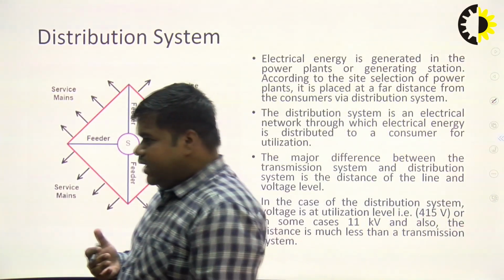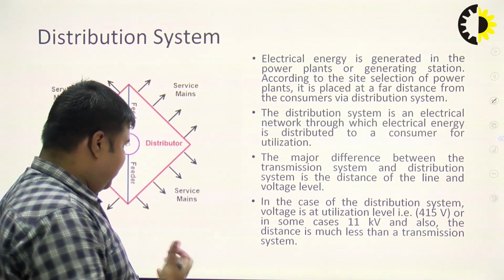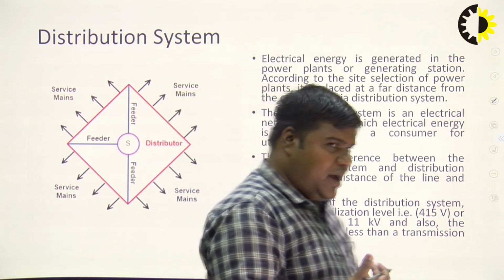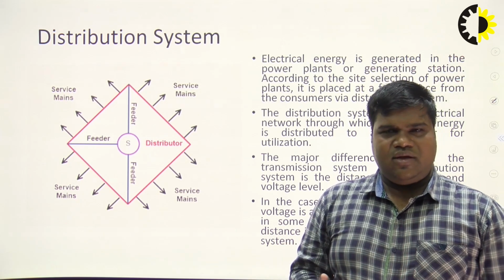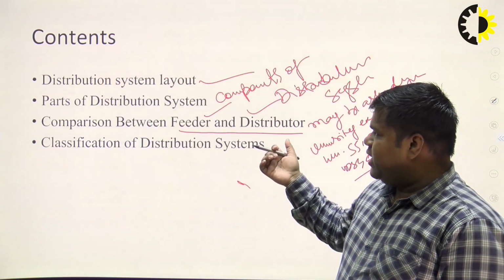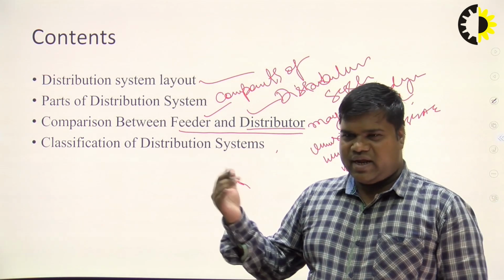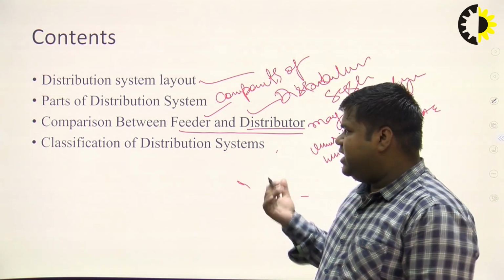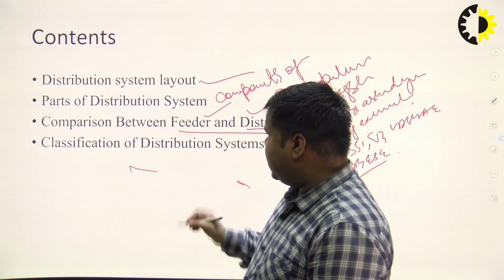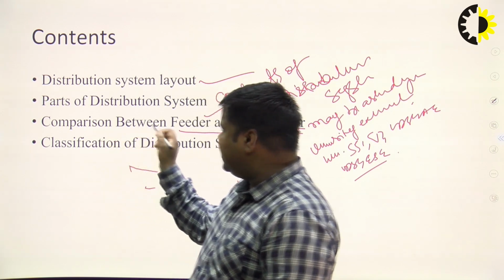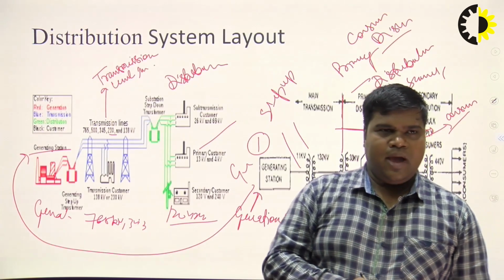In the distribution system power network, one very important component is the feeders, and then the distributor and their components. I will discuss the parts of the distribution system. Other than that, I will discuss the feeder and the distributor and their comparison.